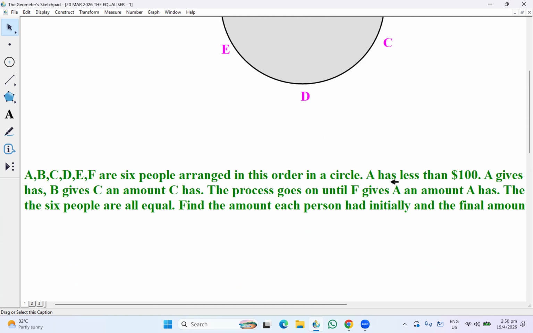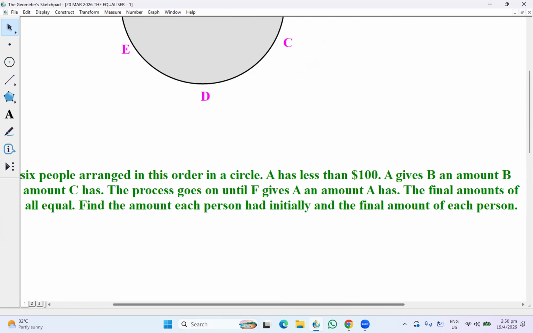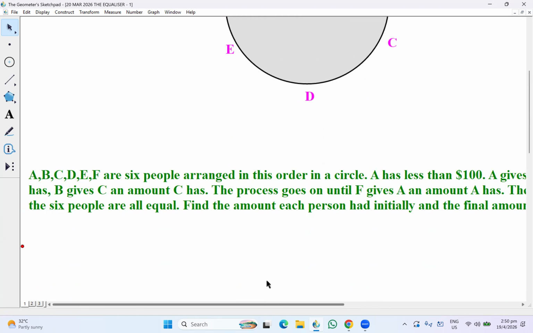A has less than $100. A gives B an amount B has. B gives C an amount C has. Always what B has, he gives you that same amount. The process goes on until F gives A an amount A has.